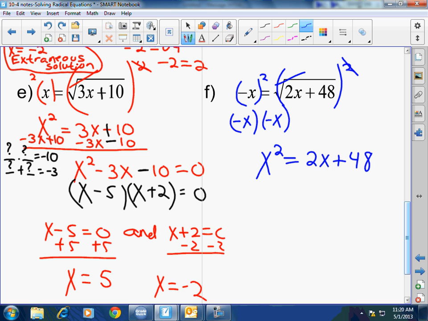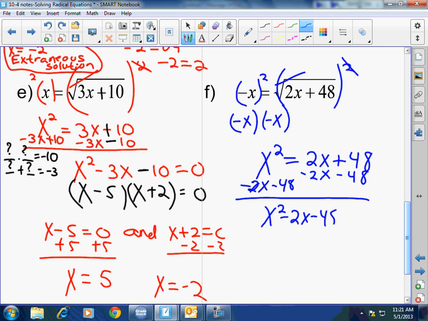I have to make a trinomial, so I subtract 2x and I subtract 48 to both sides. Now I have x squared minus 2x minus 48 equals 0. It's not negative x squared because a negative times a negative is a positive. Okay? Thank you, guys.